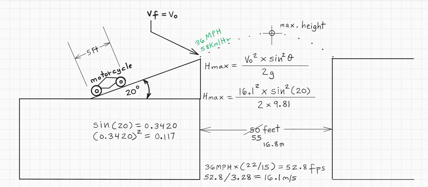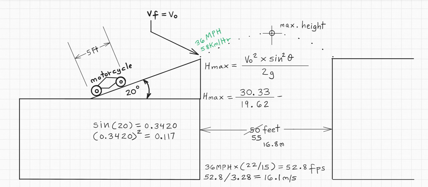So sine squared 20 degrees becomes 0.117, and then we square 16.1, we get 259.21 times 0.117 divided by 2 times gravitational acceleration, 2 times 9.81 meters per second squared, so 19.62.